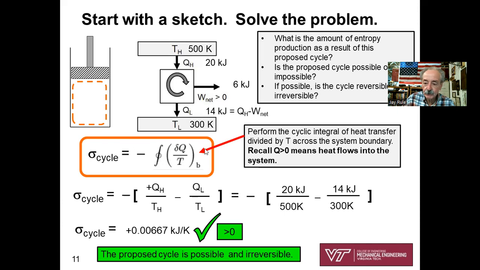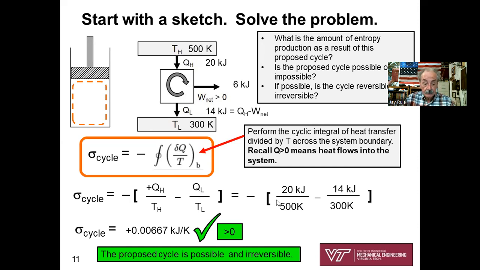So I've got two terms to worry about in my brackets. Let's worry about the heat transfer in first: plus QH divided by TH. What's going out? It's a minus, QL over T.